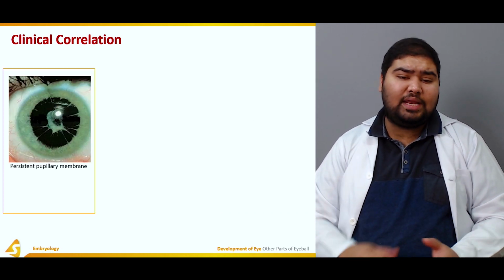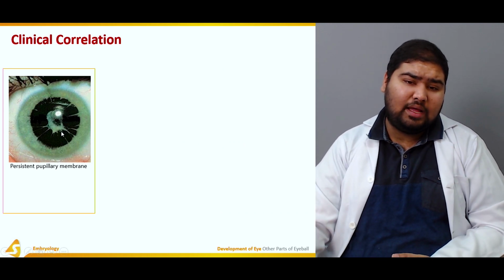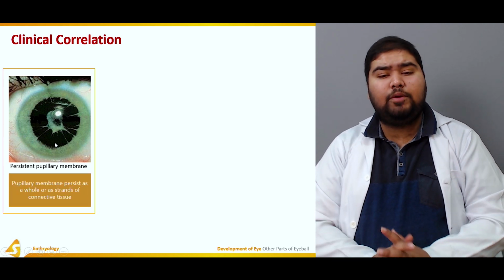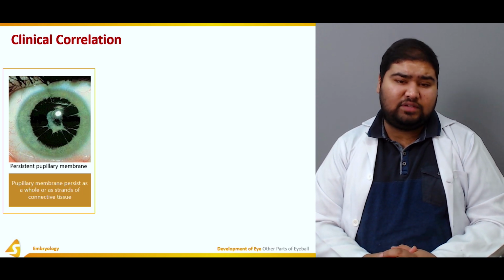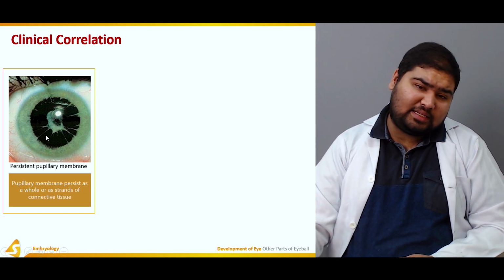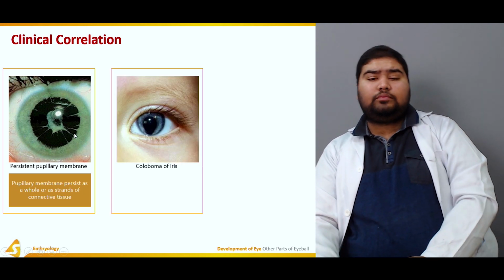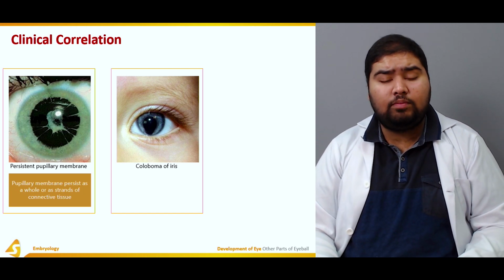Then we can have persistent pupillary membrane. Here you can see this is a persistent pupillary membrane. So the pupillary membrane persists as a whole or as strands of connective tissue. Here you can see these are the strands of connective tissue as well. Then we can have a coloboma of iris.